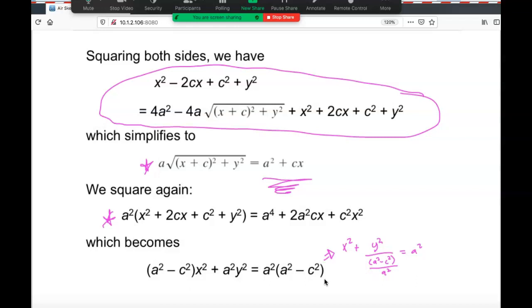All right, and then if we divide a squared out from everything, I end up with, one more time, x squared over a squared plus y squared over a squared minus c squared equals 1.